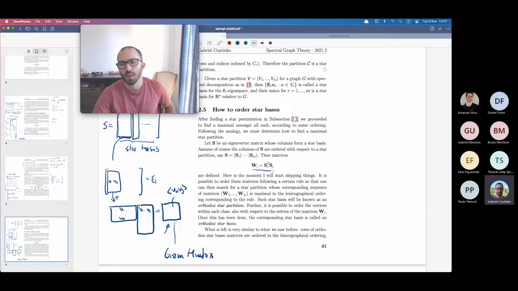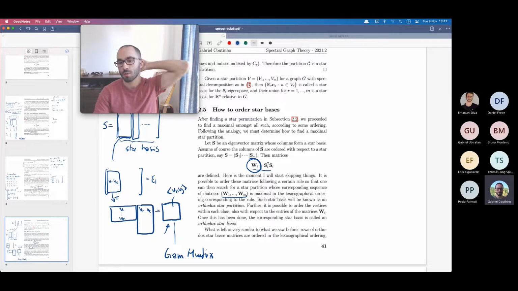Basically, it is possible to order these matrices following a certain rule so that one can then search for a star partition whose corresponding sequence of matrices W1 all the way up to Wn is maximal in the lexicographical ordering corresponding to that rule. I'm not going to describe the way.